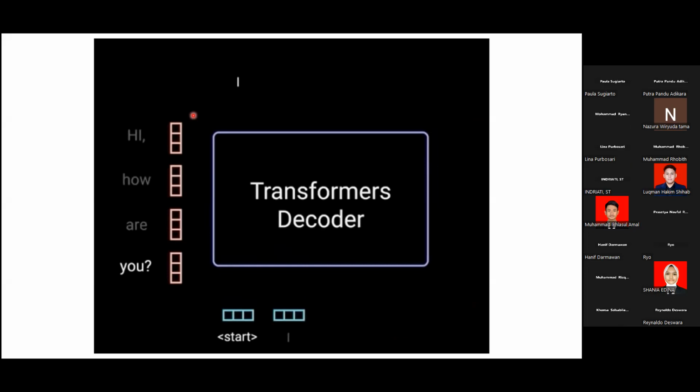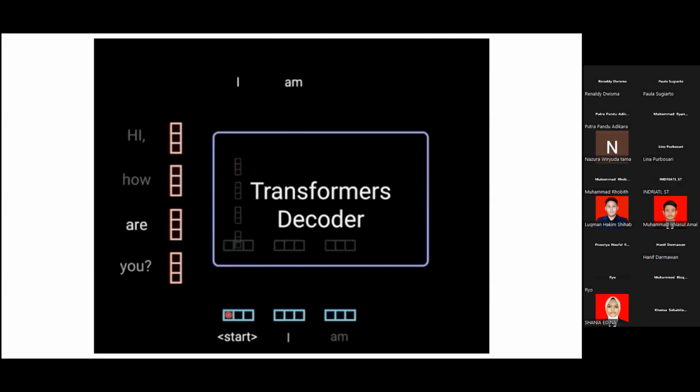Next, we will discuss the transformer decoder, which is the counterpart of the transformer encoder. It generates output tokens in an auto-regressive manner, just as the animation demonstrates.